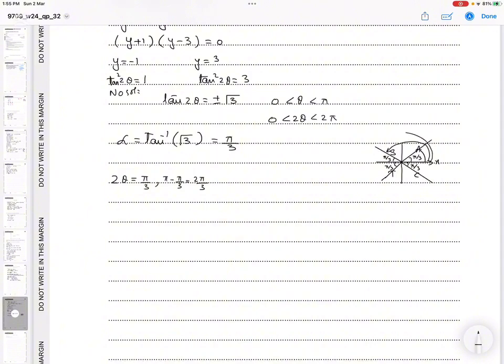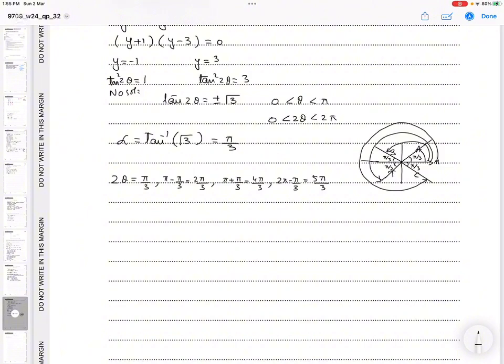Then comes my third angle, which is 180 plus pi by 3, and 180 means pi plus pi by 3. This is 4 pi by 3. And finally, I will check this angle, which is 360 minus pi by 3, and 360 is 2 pi. So 2 pi minus pi by 3 gives me 5 pi by 3.